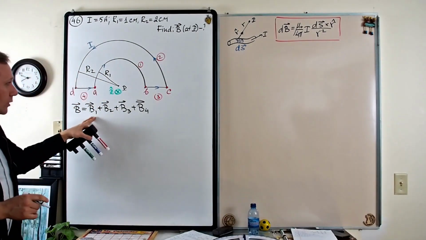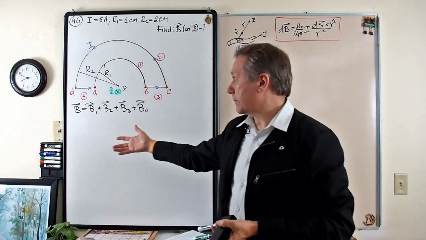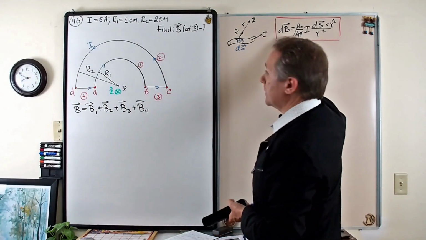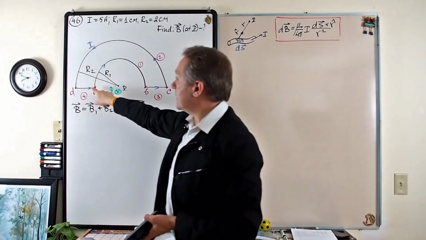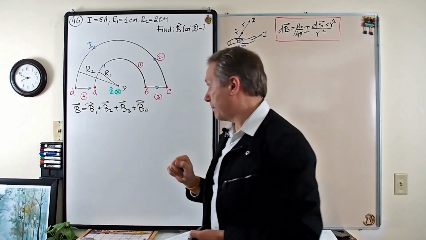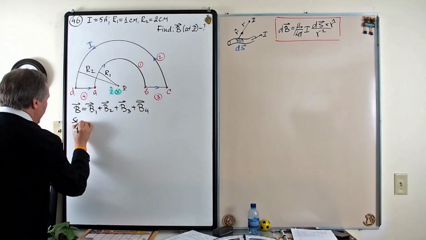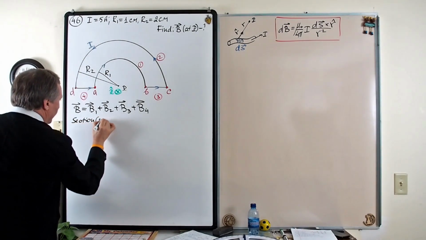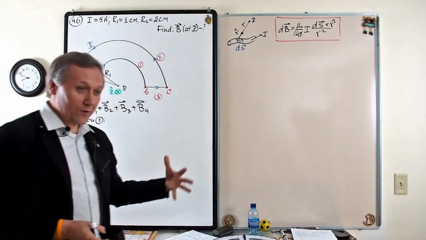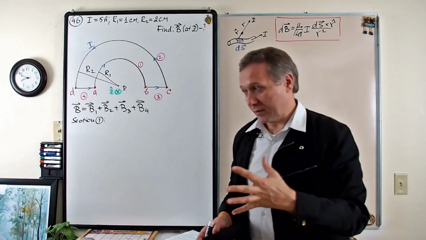Right. So now we have to look at each of these terms separately. So let's start with B1. We'll have to integrate this formula over this semicircle starting from point A, ending at point B. Okay, so let me write section 1. And since these are vectors, first we will look at direction and then magnitude, absolute value.